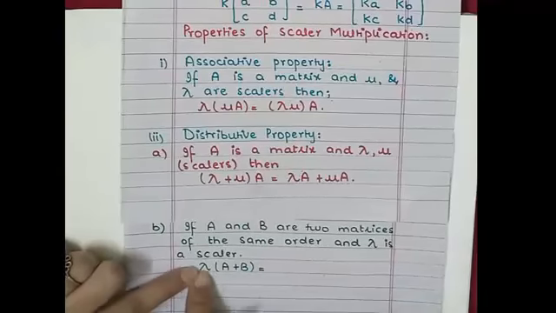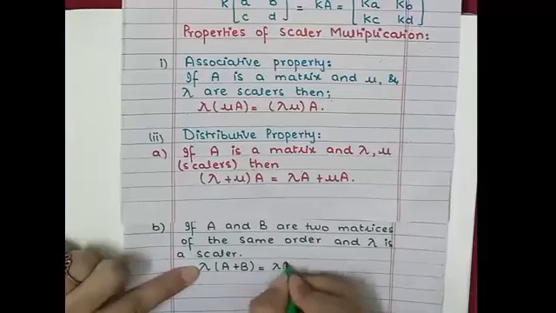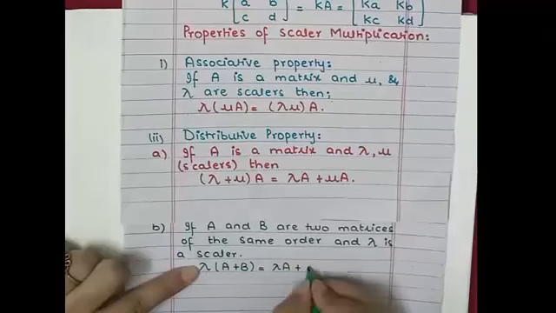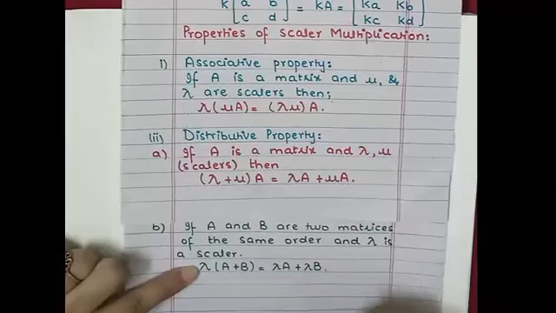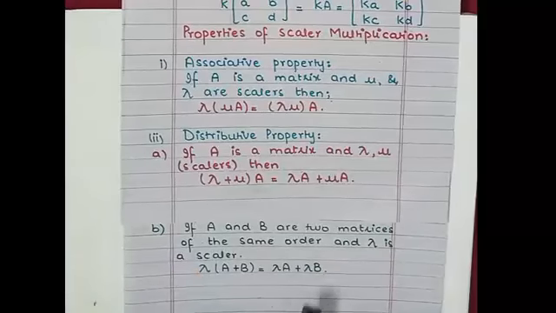Lambda into A plus B equals lambda A plus lambda B. So the distributive property holds in this case also.